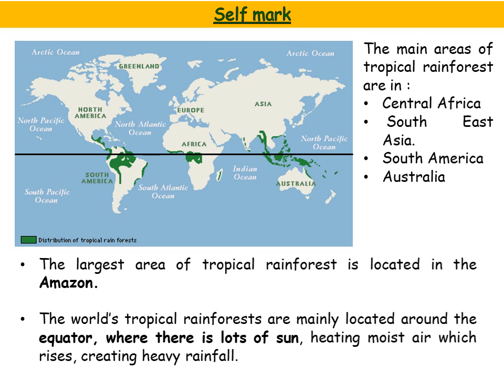This is because there's lots of sun here, and because of there being lots of sun, the heat draws up the moisture from the ground, creates moist air which rises, and that eventually creates heavy rainfall. Make sure in a different coloured pen that you're adding to your notes with the extra detail from this self-marking session.